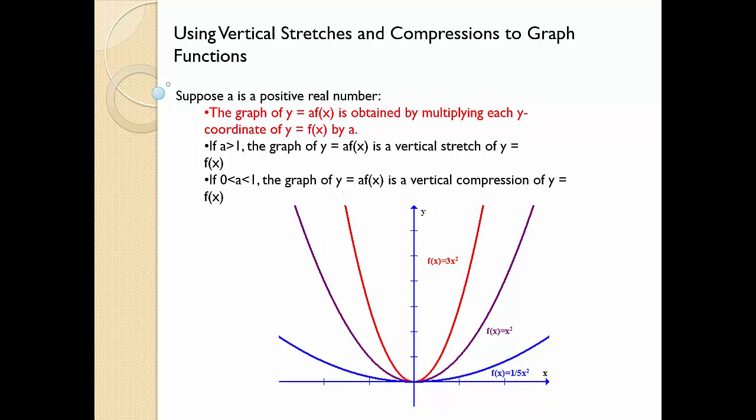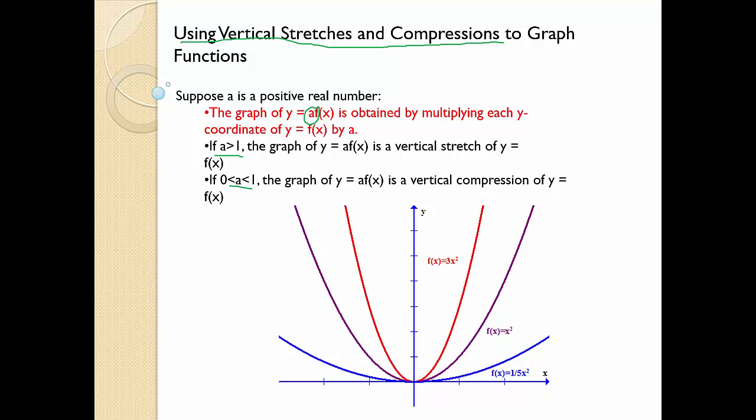So, now the last topic is vertical stretches and compressions. Actually, no, we're going to do horizontal stretches and compressions as well. And for that, if you multiply by a number outside, it's either going to stretch it or compress it. If the number you multiply by is bigger than 1, it stretches it vertically. And if it's between 0 and 1, it compresses it.